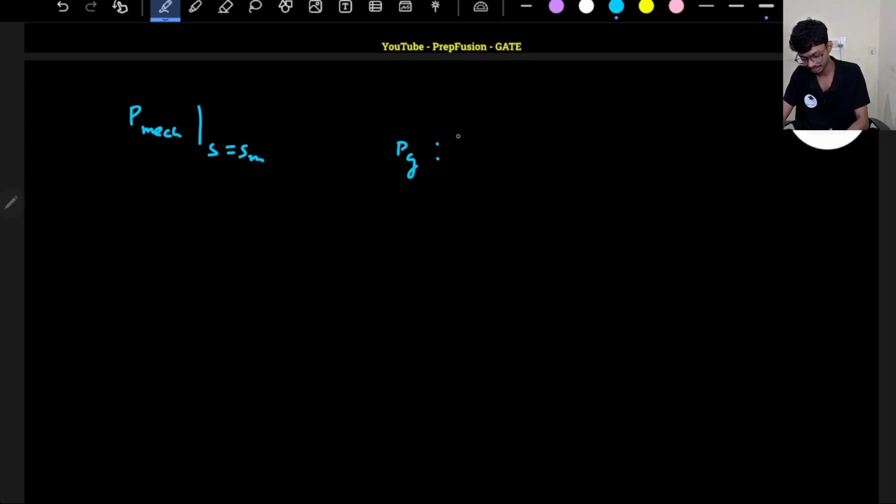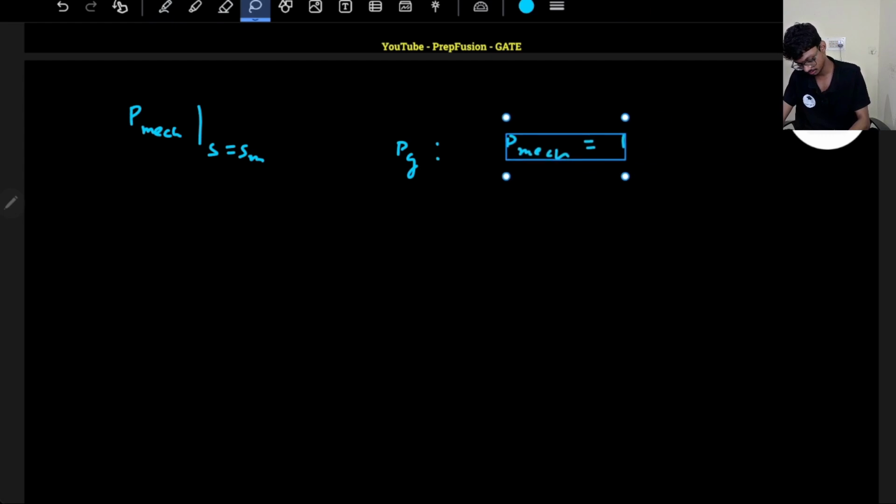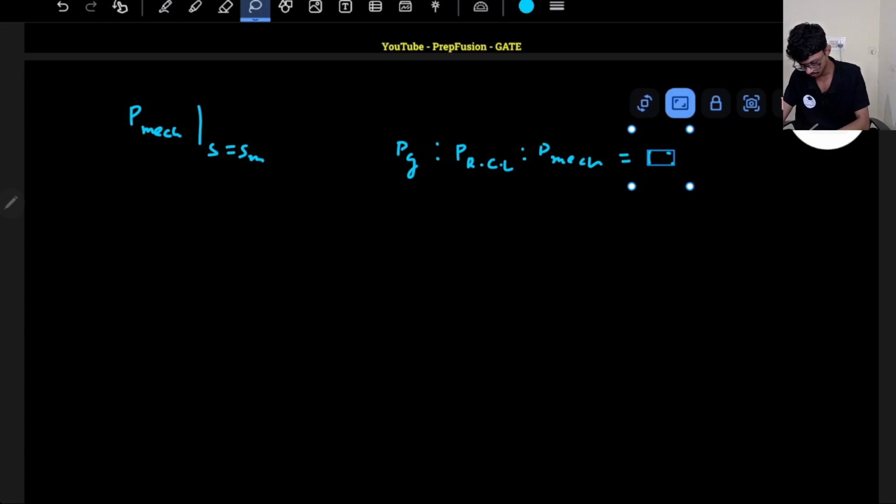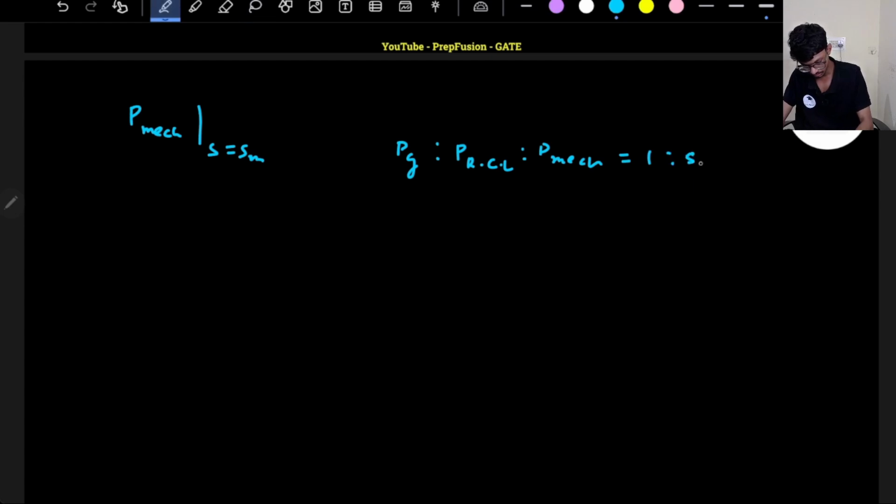I know the ratio of Pg and P mechanical: if you remember correctly, the whole ratio is 1 is to the rotor copper loss is to the mechanical power, 1 is to s is to 1 minus s.